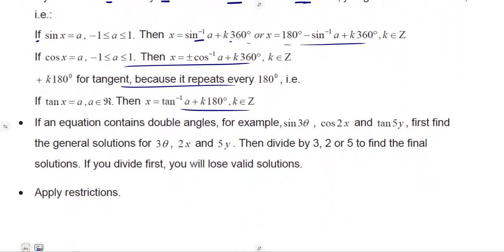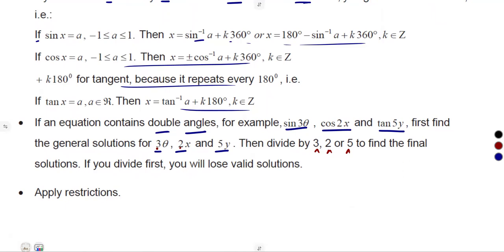If an equation contains multiple angles, e.g., sine 3 theta, cos 2x, tan 5y, first find the general solution for that given angle. Then divide by the coefficient. Here there's a 3, a 2, a 5. You divide by those numbers to find the final solution.